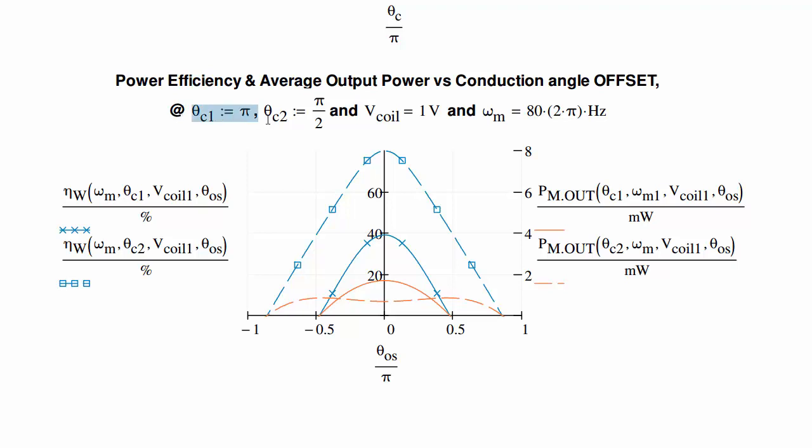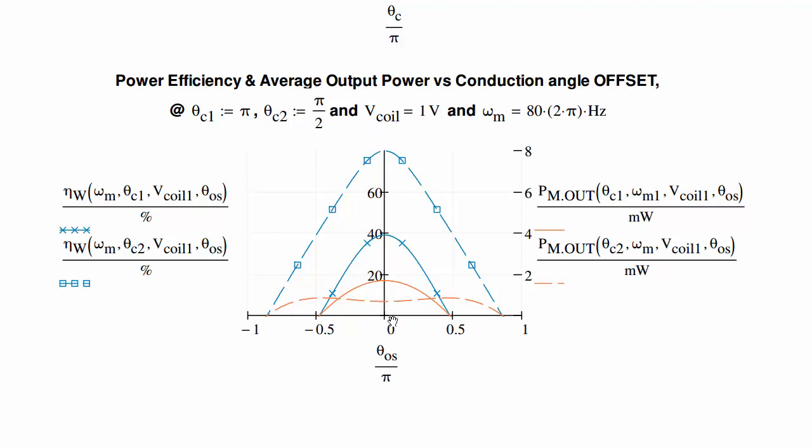So this is where we're maximizing the conduction at a fixed 180 degrees. And then the second case here, which is plotted with the dotted line, is where we are limiting our conduction to 90 degrees. Okay, so we're going from minus 45 to plus 45 degrees. That's what this center point is right here.